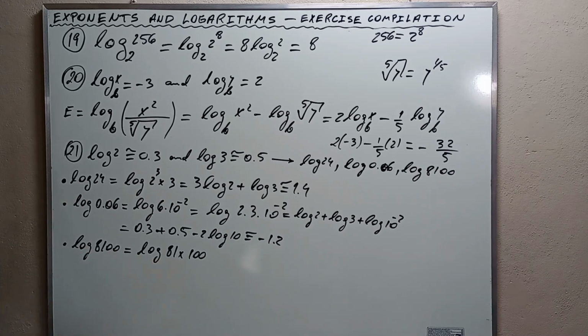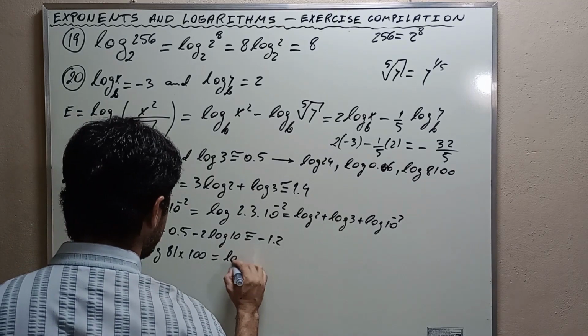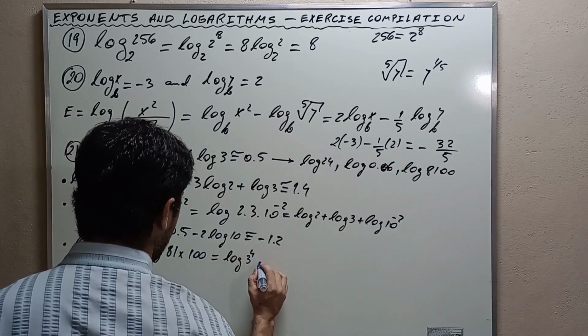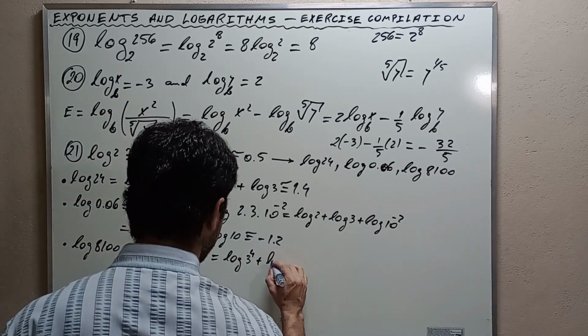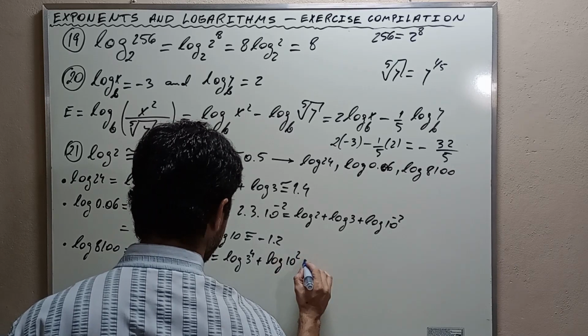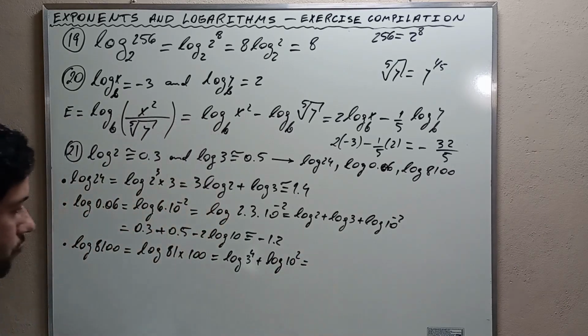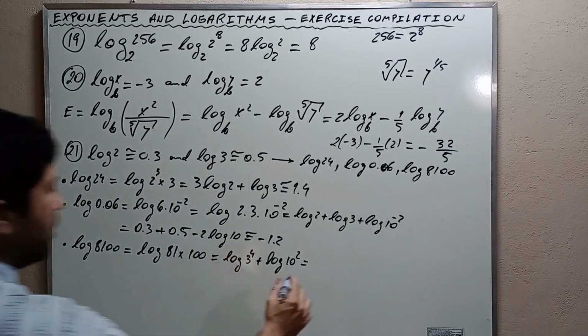Observe that 81 is 3 to the 4th, and observe that 100 is 10 squared. We pass this here multiplying.